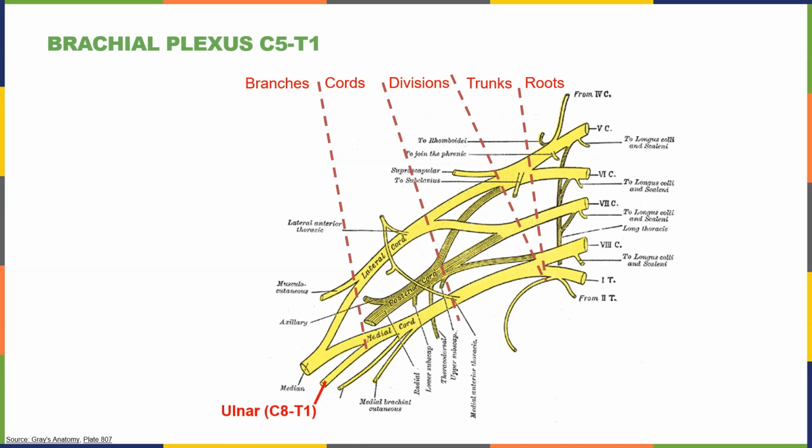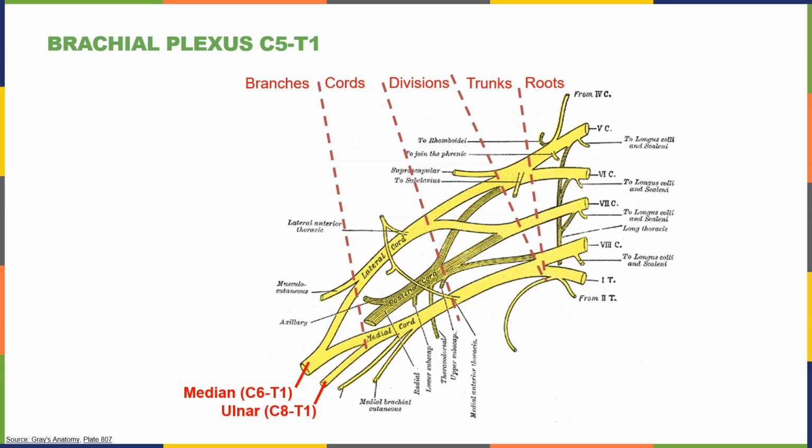The ulnar nerve arises from spinal nerve trunks C8 through T1. The ulnar nerve branches off of the medial cord and continues along the medial side of the arm and forearm. The median nerve arises from spinal nerve trunks C6 through T1 that connects to both the lateral cord and the medial cord.